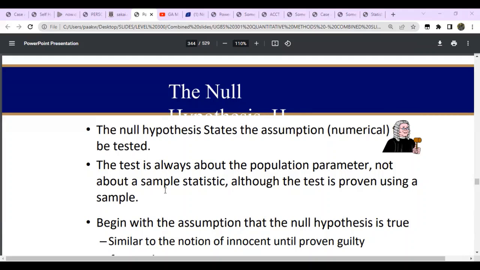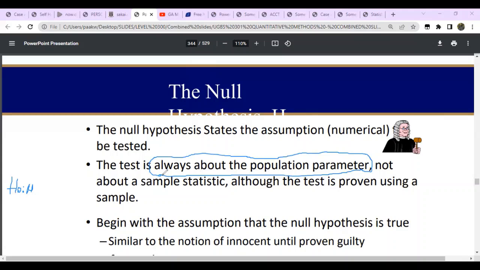Now the test is always about the population parameter. That's why we represent it with H0. H naught is, and then your mean will come. We are saying it is always about what? Population parameter. So the null hypothesis is always talking about the population, not the sample.